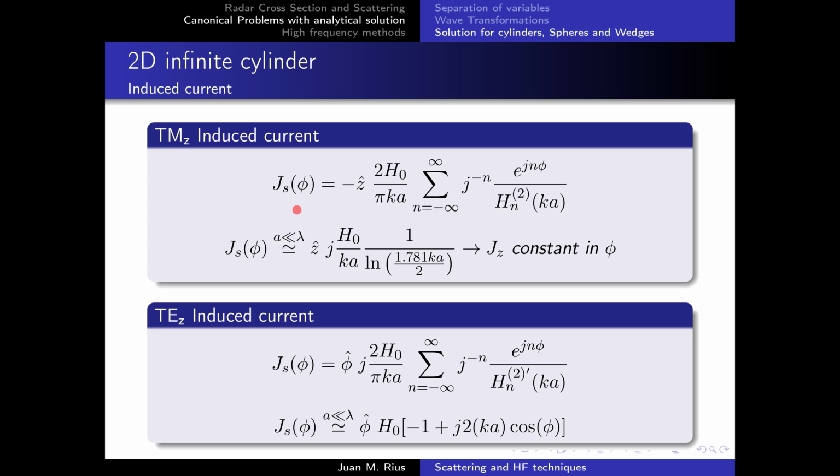As I said before, in the general case we have a Fourier series for phi angle of initially infinite terms. However, the coefficients become very small when the order n is larger than the argument ka. So in this sum we have to sum up coefficients from approximately n equal to minus ka up to n equal to plus ka.